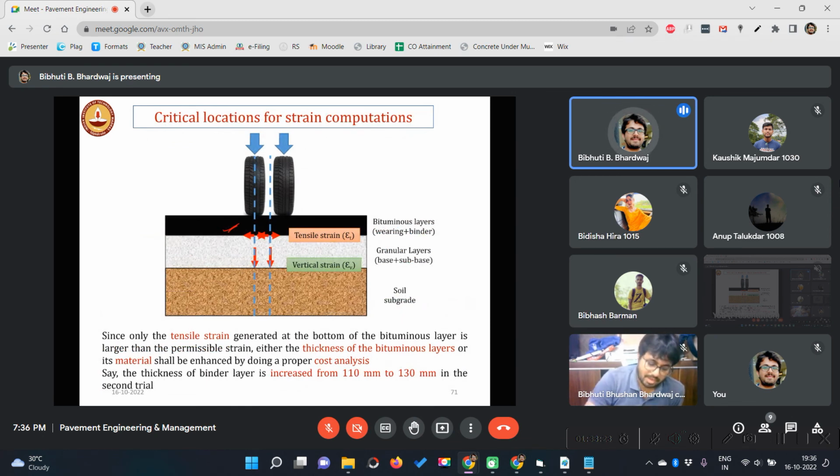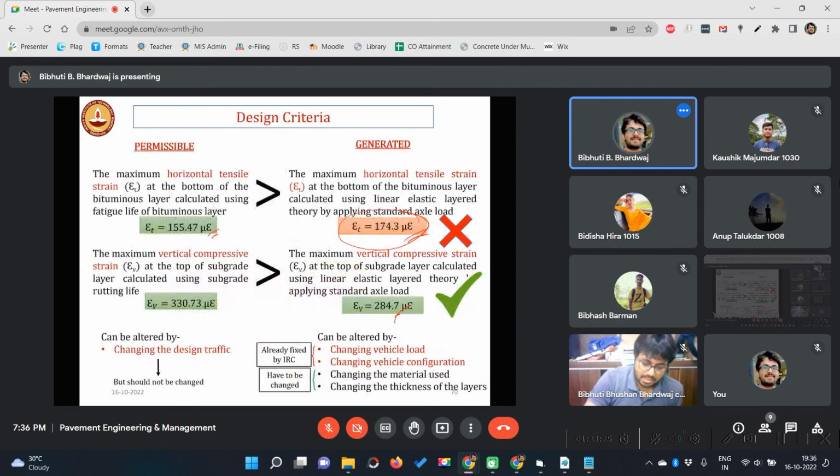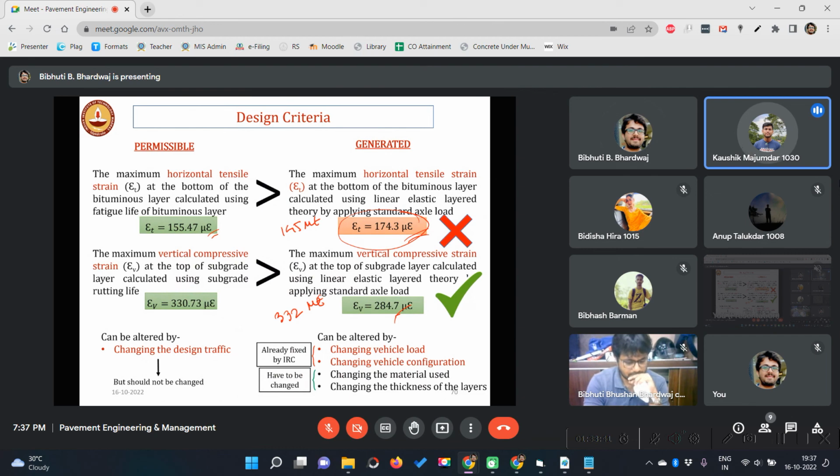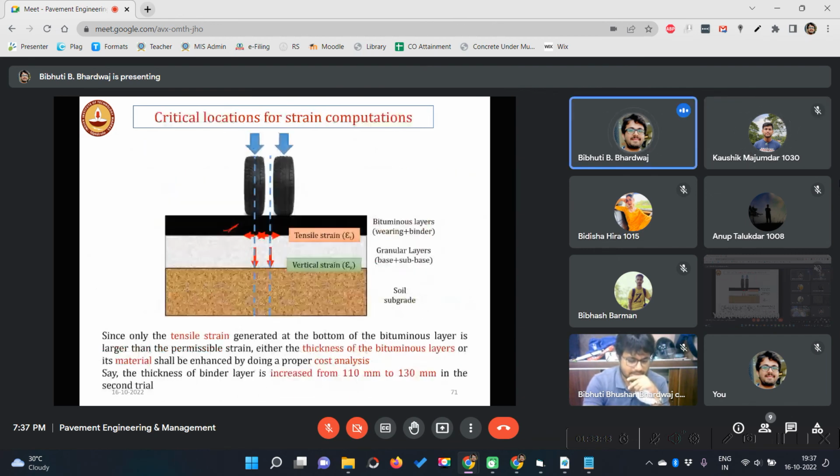My question here is, suppose this is okay, and this I have got 32 microstrain, then what would have been your strategy? Sir, the thickness of the second layer should have been altered. Yes, since this is okay, we can increase the thickness of this.